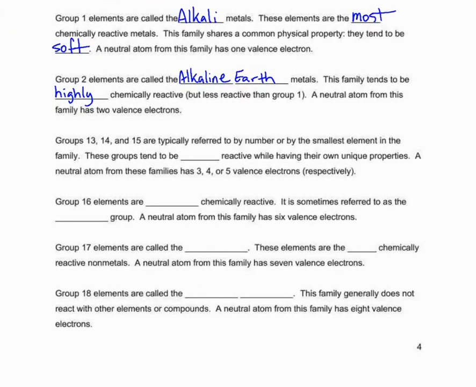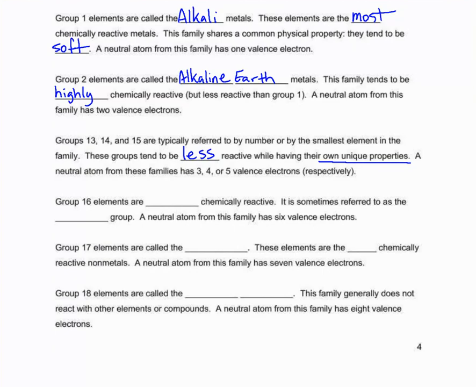So here, we're going to skip over a few places. So we're jumping over to 13, 14, and 15. These are typically referred to by number or by the smallest element in the family. These groups tend to be less reactive, but they do have their own unique group properties.